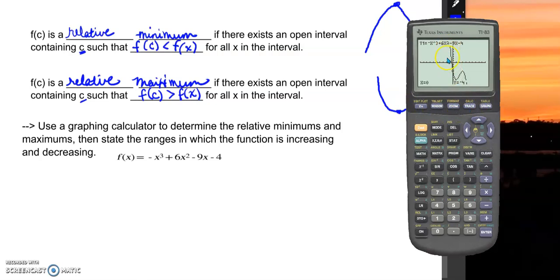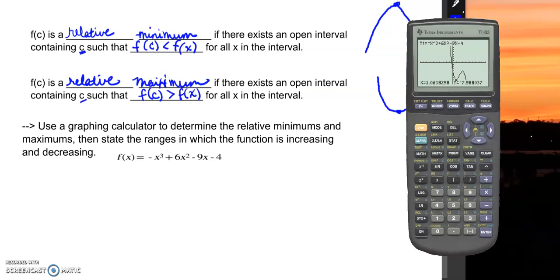When you press that, you get what you see up here on my screen where you have this flashing cursor on the curve, and you can use the left and right arrow buttons to move it to the left or the right, and you can get close to those points. It looks like that lowest point is somewhere around x equals 1, and you can see it kind of skips past it, and maybe around -8.